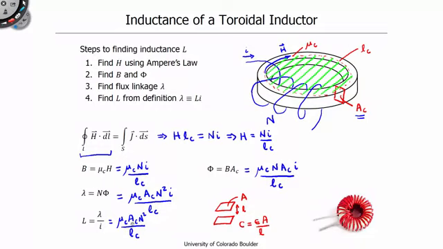The area A is the cross-sectional area through which the flux passes, and Lc is the length that the flux has to travel. The big difference between the formula for the inductance and the formula for the capacitance is that in the case of the inductance, you have a factor N squared, which is the square of the number of turns. You have no such factor in the case of capacitance.